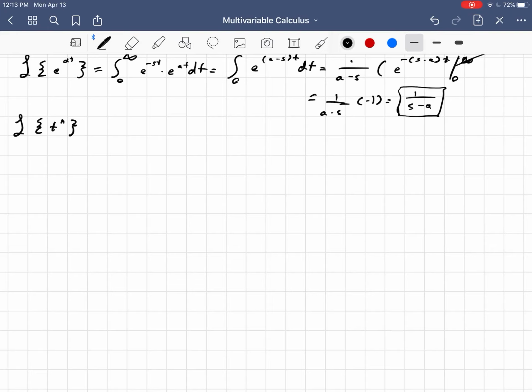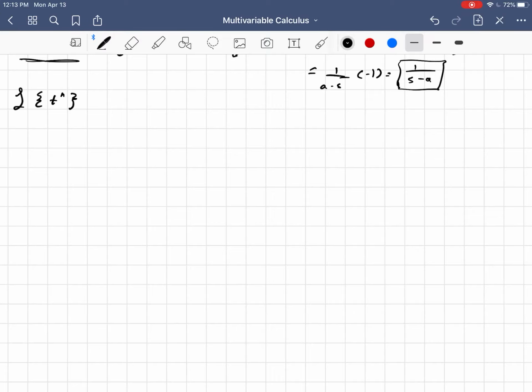Another common one, it's going to take a little more work, is the Laplace transform of t to the n. So for example, t squared, t cubed, and so on. It might not be obvious the way I'm going to do it, but let me go through it here. So recall that e to the x is the summation from n equals 0 to infinity of x to the n over n factorial.